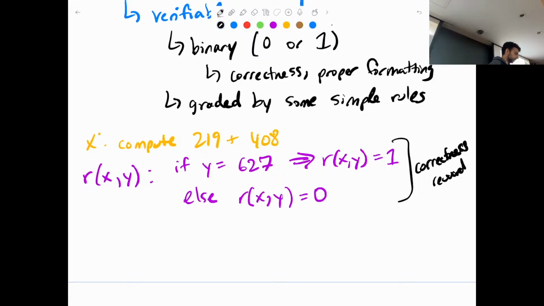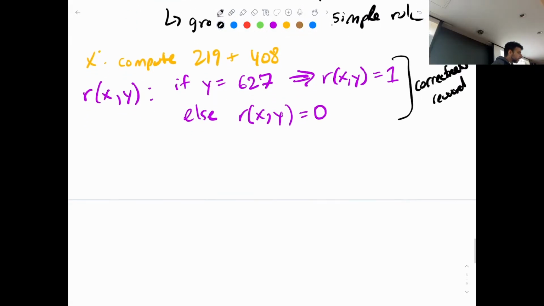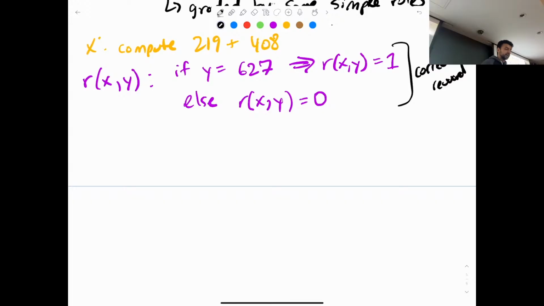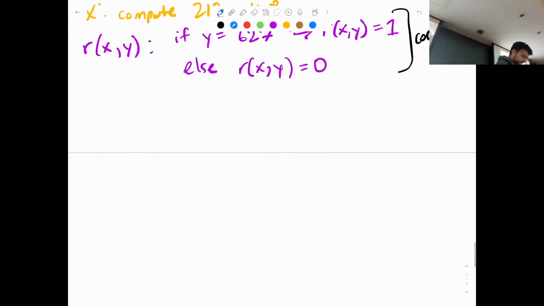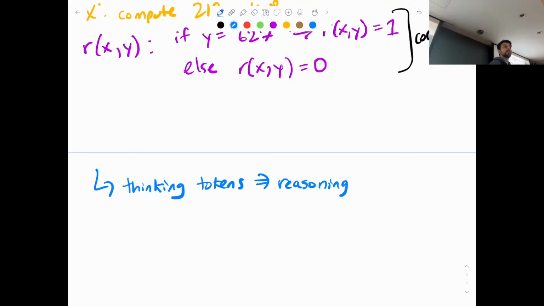And similarly for coding. Okay, so in the last couple minutes here, let's get to how we can elicit reasoning behavior through this kind of formulation. The other novelty in this DeepSeek paper was this idea of thinking tokens, which allow the model to perform reasoning before producing the final answer.